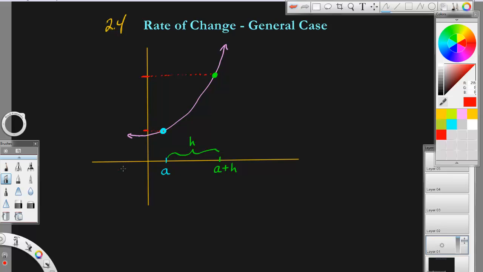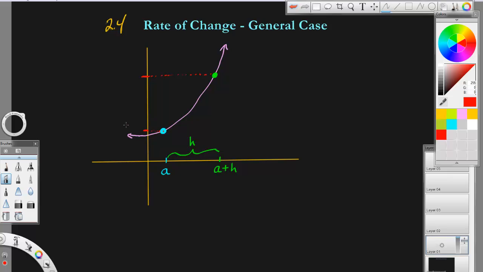If this is an a value, and this is some function, now, I didn't define what that function was. It looks like some kind of parabola or something. But whatever that function is, and it really doesn't matter here, the way that you would tell what the y value is when you have the x value is to evaluate that function. You would plug x in, and it would spit out the y value.